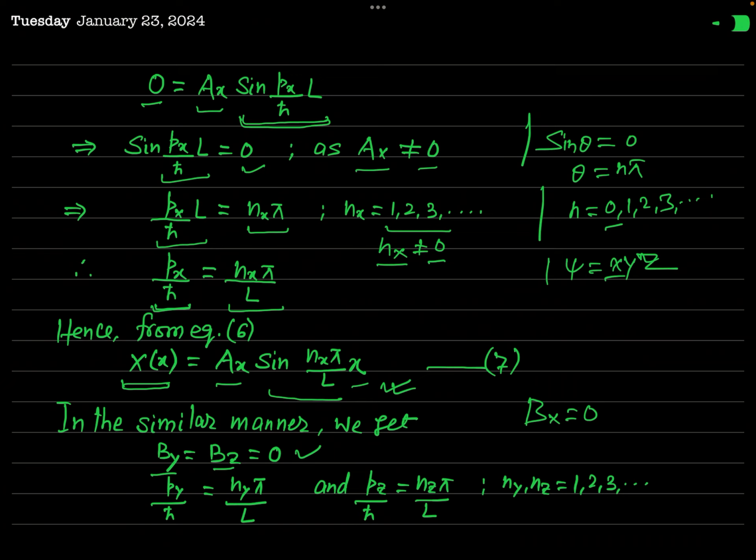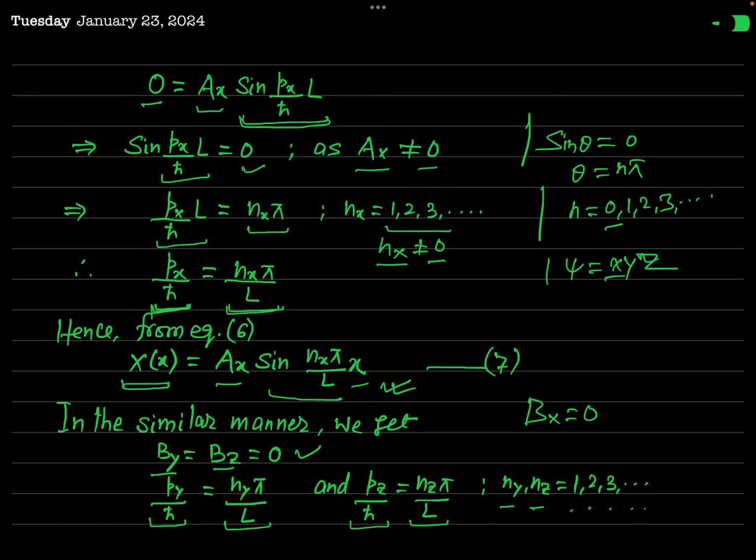After that you apply the other boundary condition and you obtain the result Px over h bar equal to nx pi over L. Similarly here you will get Py over h bar equal to ny pi over L, and Pz over h bar is equal to nz pi over L. These quantum numbers ny and nz will also have values 1, 2, 3, 4, and so on.